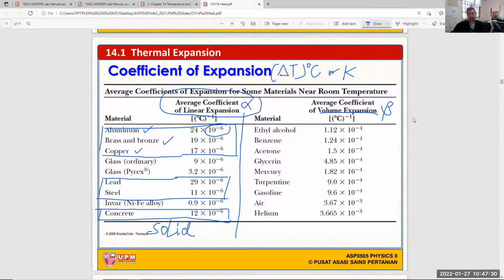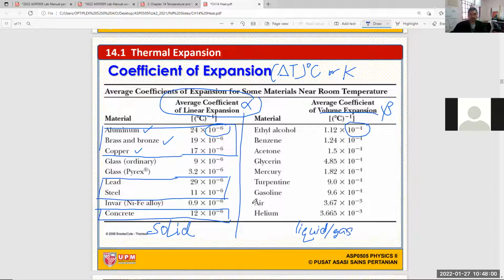So the beta here is 10 power minus 4. And as I told yesterday, this beta is 100 times larger than that of the solid. So the liquid and gas.